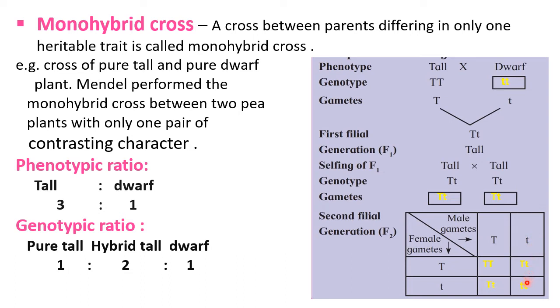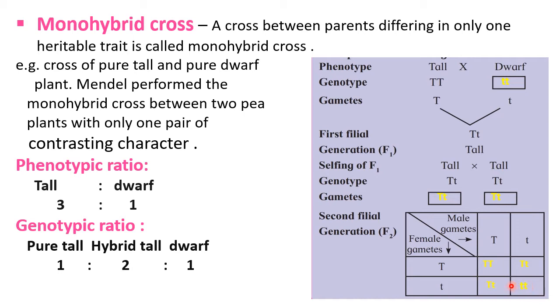In the last combination, small t small t, the individual produced is pure dwarf. In this way, with the help of the checkerboard, we see the different combinations produced in the F2 generation.